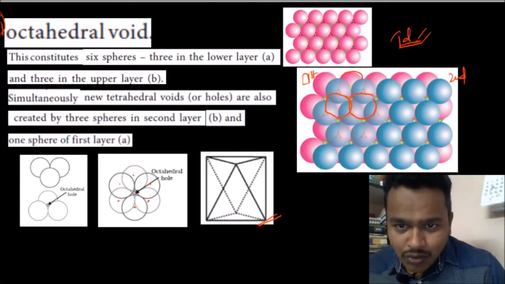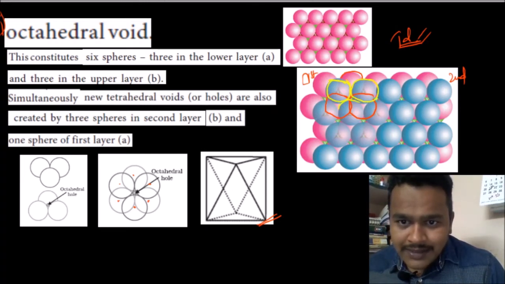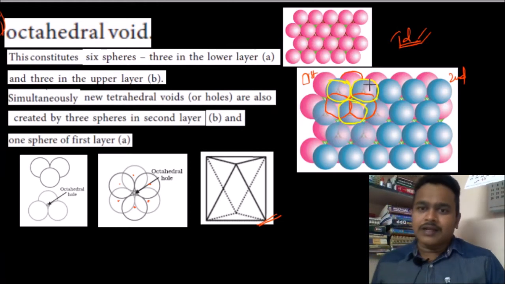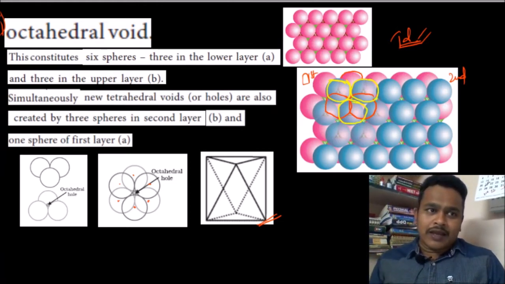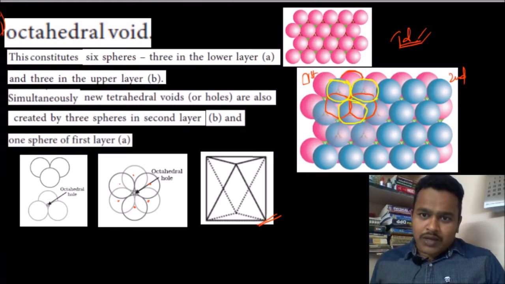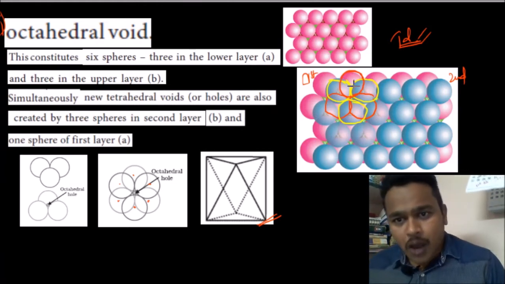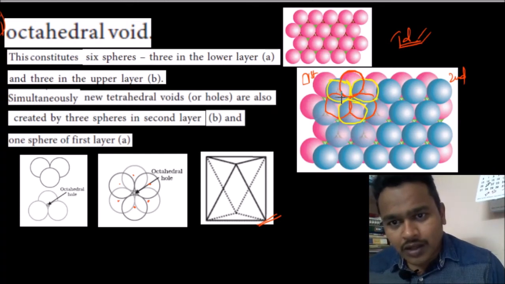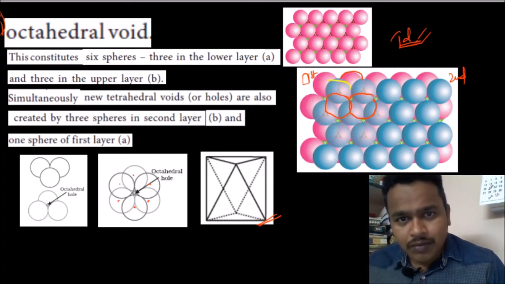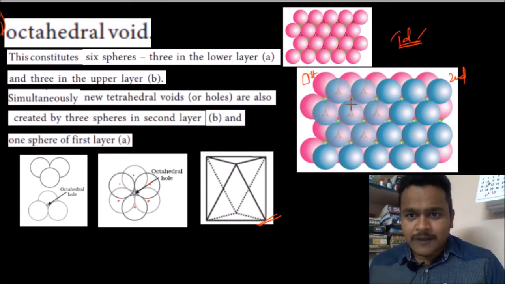See these blue color balls only. This is 1, this is 2, and this is 3. Bottom spheres are with a red color, top spheres are with a yellow color. Both are giving one void, that is the octahedral void.